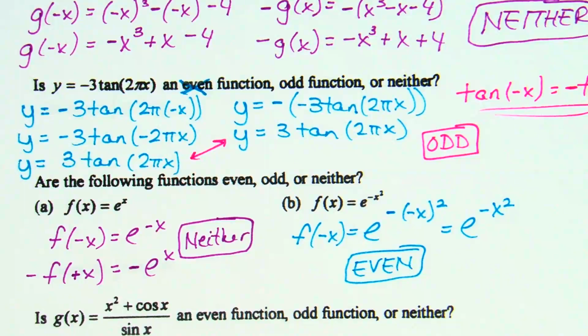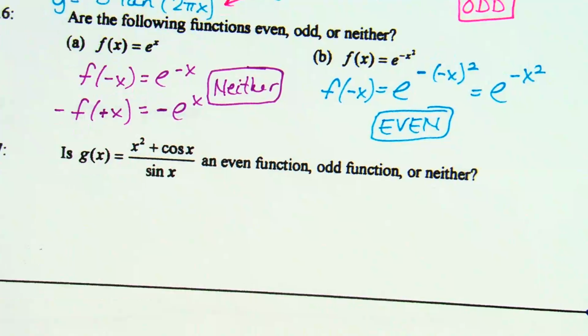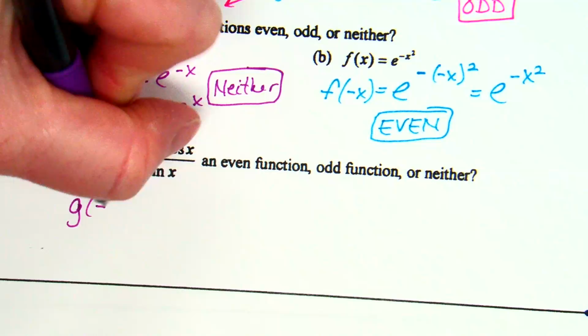One last one. Okay. G of x, even, odd, or neither. Final time. What am I doing? Okay. Let's figure out g of negative x to begin with.